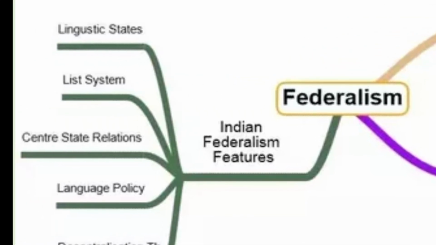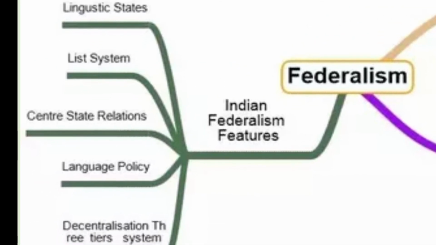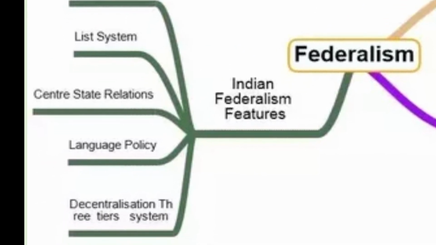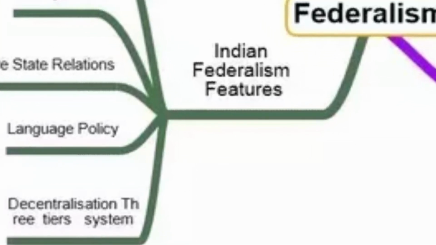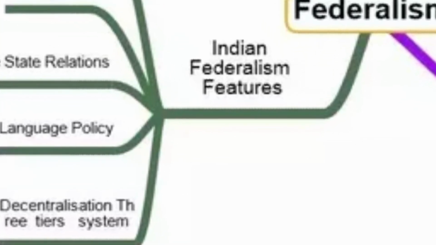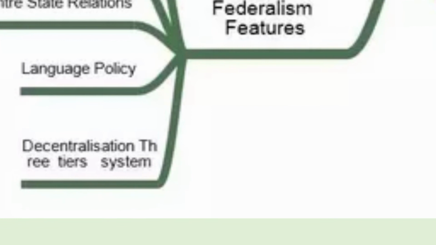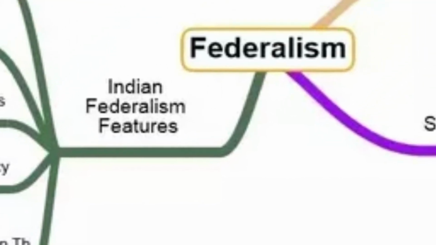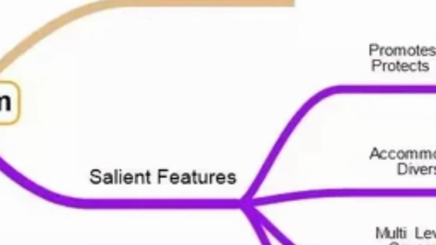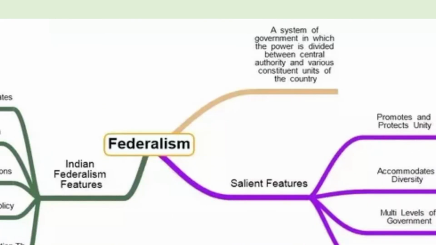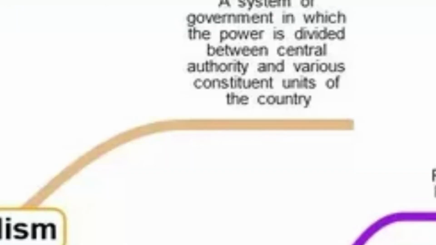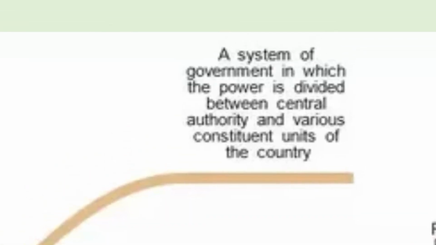Indian federalism features: we saw it has resolved the linguistic states. Center-state relations are resolved. Language policy is resolved; Hindi is not imposed on anybody. Distribution of power to the local level so that they are empowered. They know about their needs: rural electrification, drinking water, burial grounds, libraries, education, sanitation, everything they know.